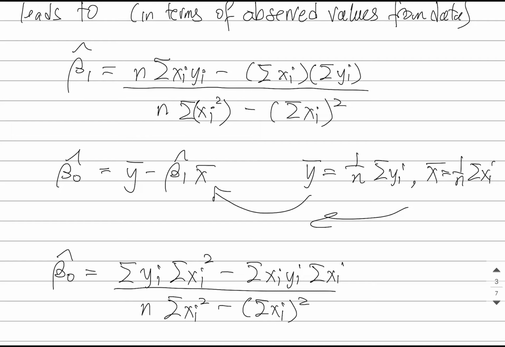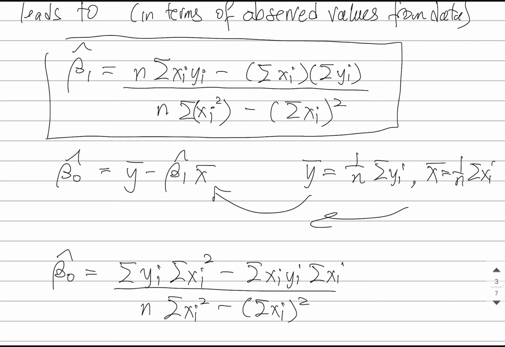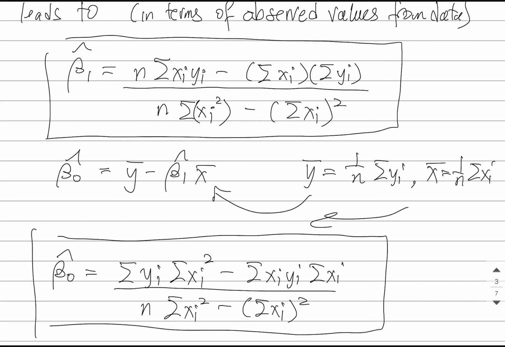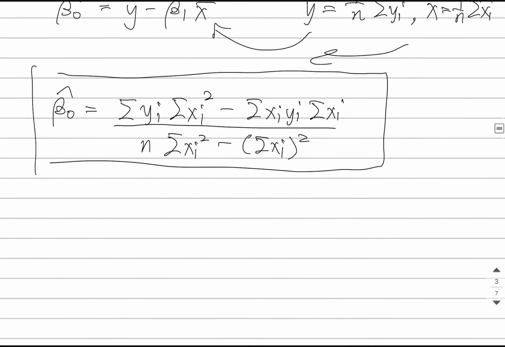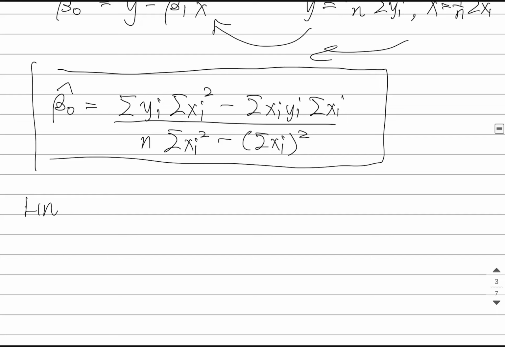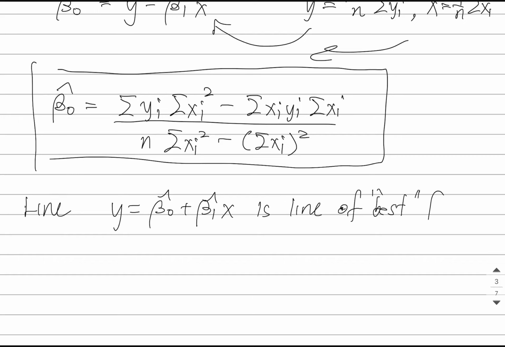The exercise here was to be able to figure out whether we could get these parameters in terms of the data values that we've got. So remember, the line y equals beta naught hat plus beta 1 hat x is the line of best fit through the observed data. So this is the line that's going to, in air quotes, best fit your data. Now remember, what we mean by best is it minimizes the sum of the squares of all the deviations.